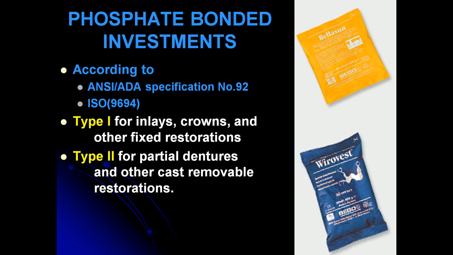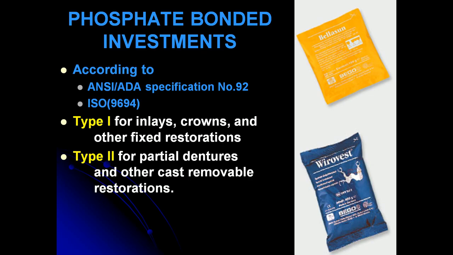Next point is phosphate investment with carbon is used if the casting alloy is gold. Very important point. Next important point is phosphate investment without carbon is used for carbon sensitive alloys such as the base metal and the silver palladium alloys.